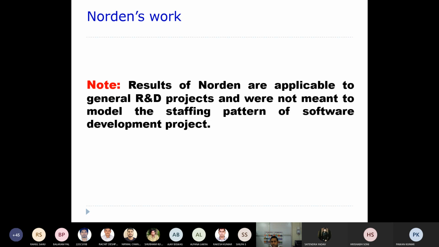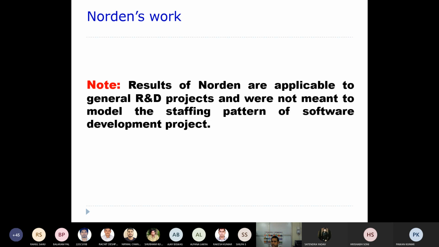He took and studied many R&D projects, and after that he approximated the staffing pattern that R&D projects require over time, but this was not carried out for software development projects.